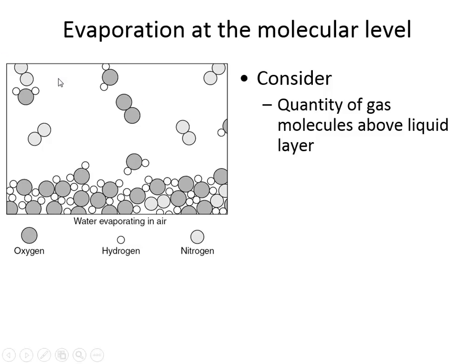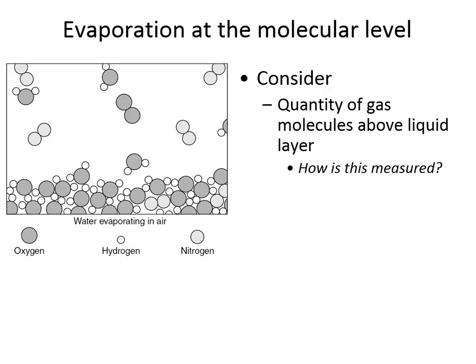We describe how much gas there is above the liquid layer by relative humidity. The way that we measure the amount of water in the atmosphere is relative humidity. And what that's relative to is the total amount that could be in the air, so the saturation quantity.